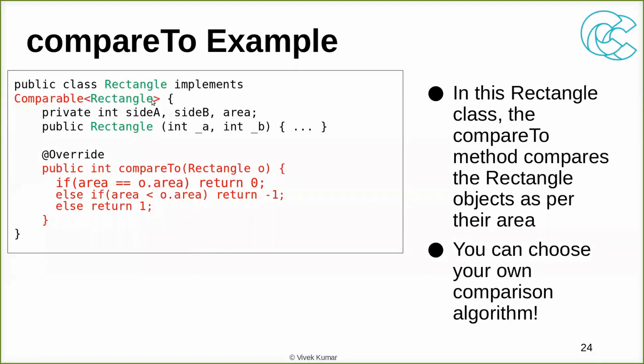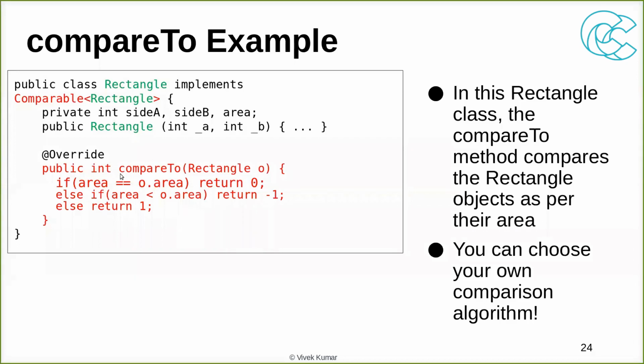Comparable takes in a type which is Rectangle here, right? So now there are instance variables which are sideA, sideB, and area, and you have the constructor. So like I said earlier, you are interested in the compareTo, and it returns an integer. So it's either less than 0, equal to 0, or more than 0. And you plan to do the comparison based on the area.